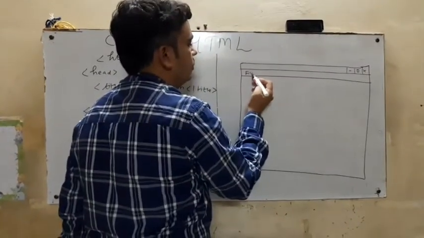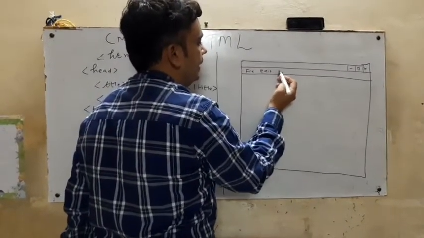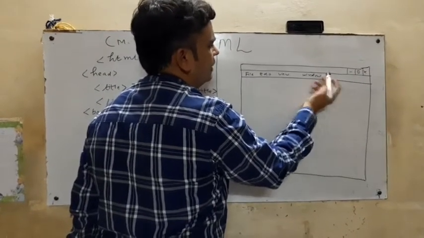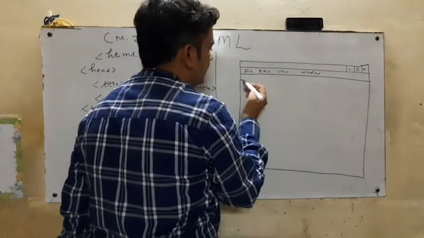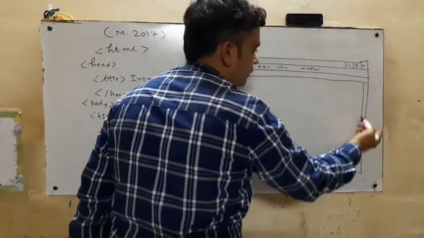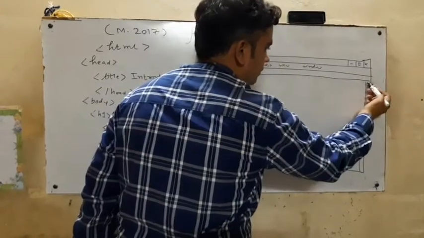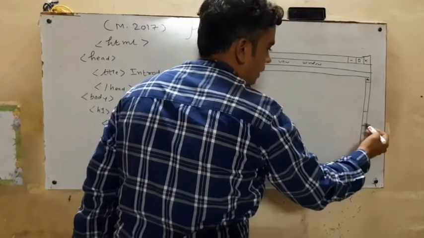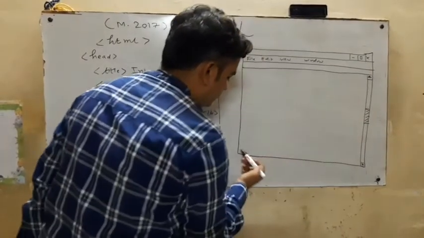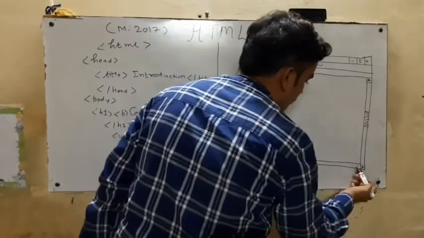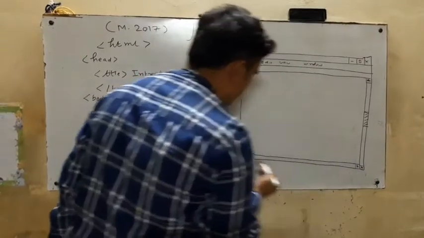Thereafter, this is my menu bar: file, edit, view, window, there are so many menus. Then this is my toolbar, and at the rightmost position, this is my vertical scroll bar. Your screen should almost look like a window.